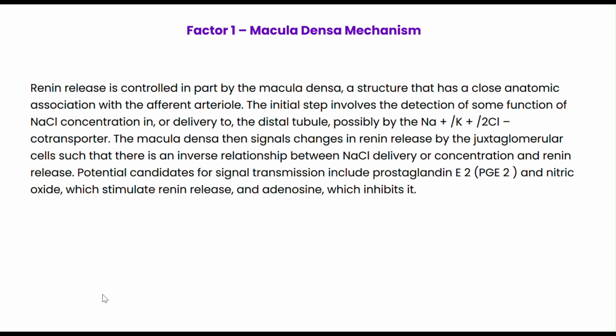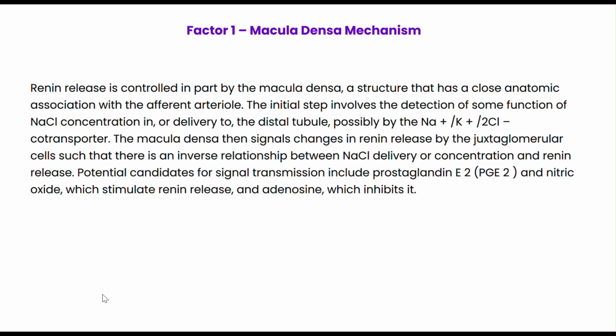Now, the first factor is the macula densa mechanism. The macula densa is a group of cells located near the distal tubule of the nephron, and these cells act like sensors for sodium chloride concentration in the fluid flowing through our tubule.